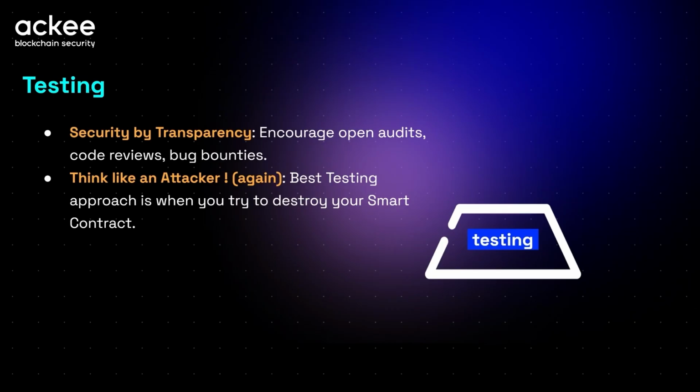Again, think like an attacker. The best testing approach is when you try to destroy your smart contract. On the other hand, of course, test the correctness of the program, but test also the vulnerable parts. Try to break the program, try to input incorrect, invalid or unexpected inputs to your smart contracts.